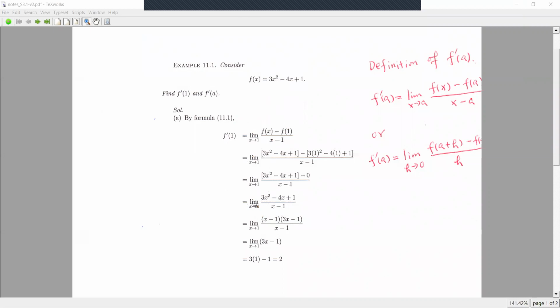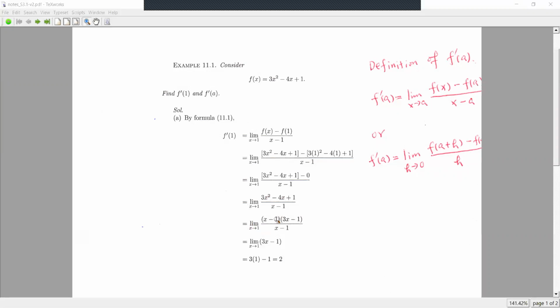To find this limit, direct substitution. Plug in 1 in x, but then we will have 0 over 0. We cannot tell the limit. To tell this limit, simplify the function by factorization. Factor the polynomial on the top, then we have this equation.